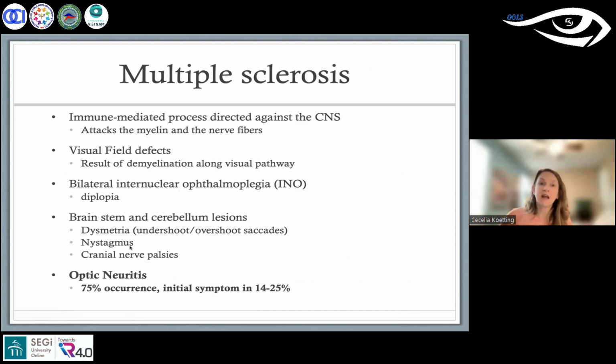Multiple sclerosis, again, when optic neuritis, this is a big concern for us. 75% occurrence of optic neuritis is the initial symptom in 14 to 25%. So there is a big reason that we need to monitor those.